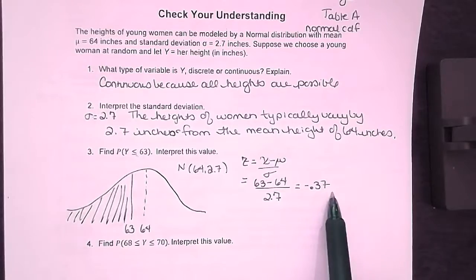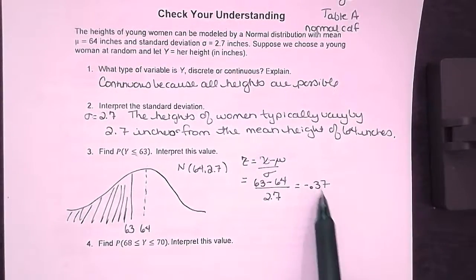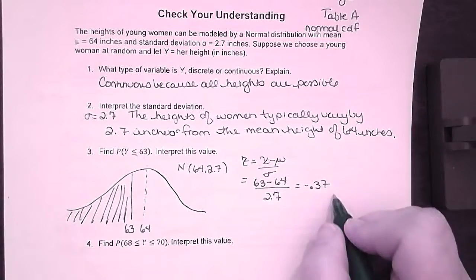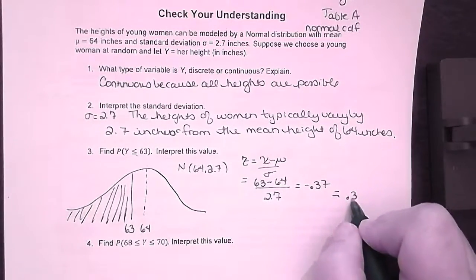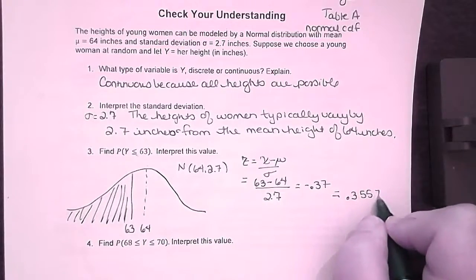So if I went to table A and looked up that z-score of negative 0.37, I would get a value of 0.3557, okay?